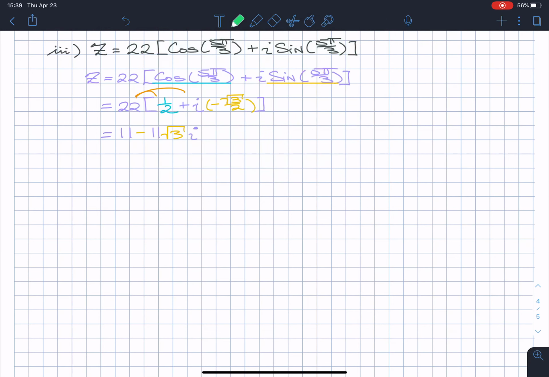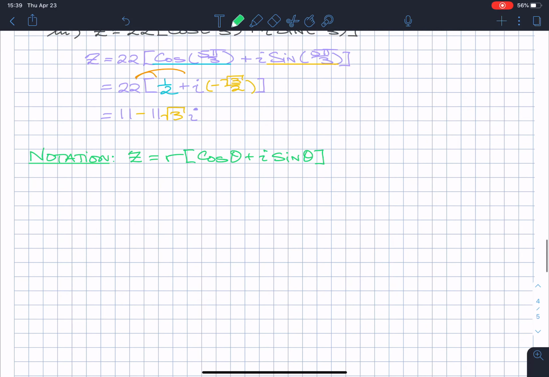Okay, so notation. We have that z is equal to R times cosine theta plus I times sine theta in trigonometric form. So this is sometimes annotated by z is equal to r cis theta.